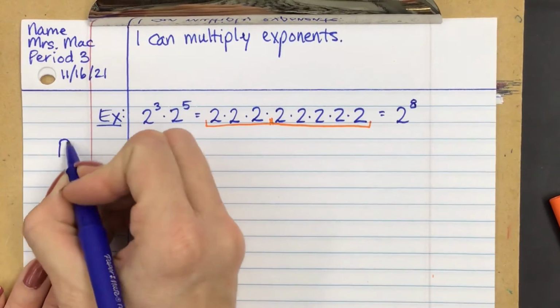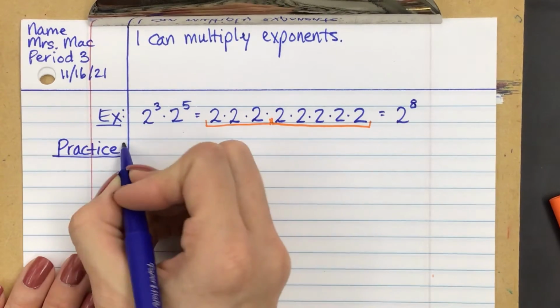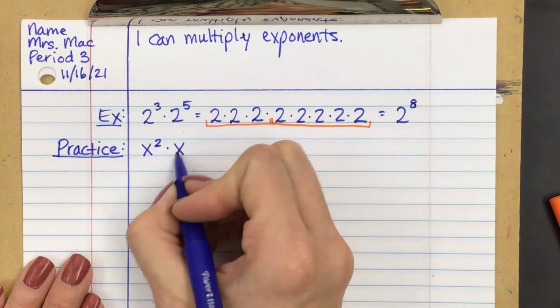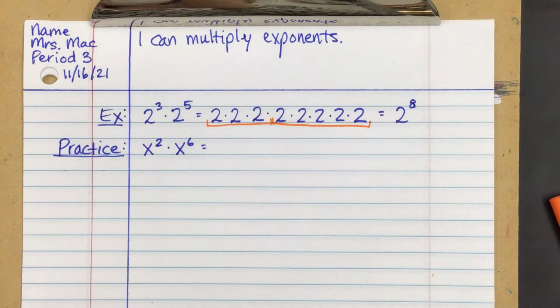I'm going to have you guys try one. Try that. Write it in expanded notation first, and then collapse it back down into exponent notation.